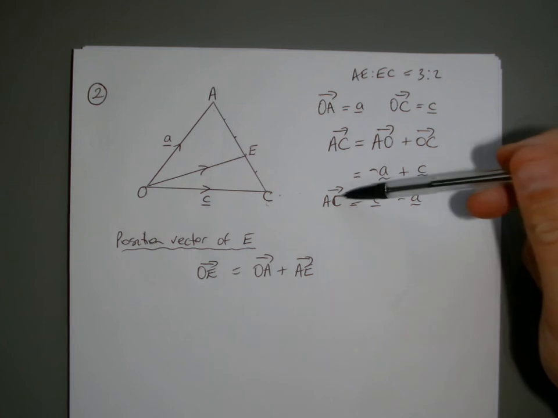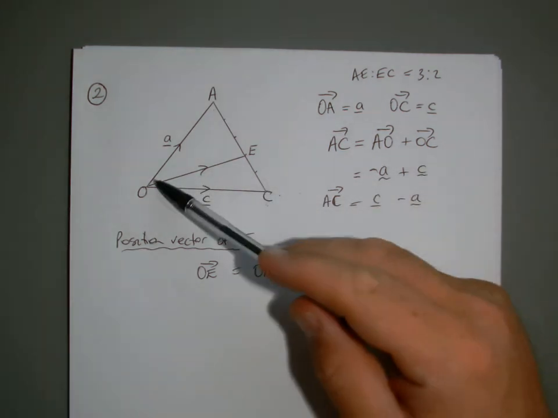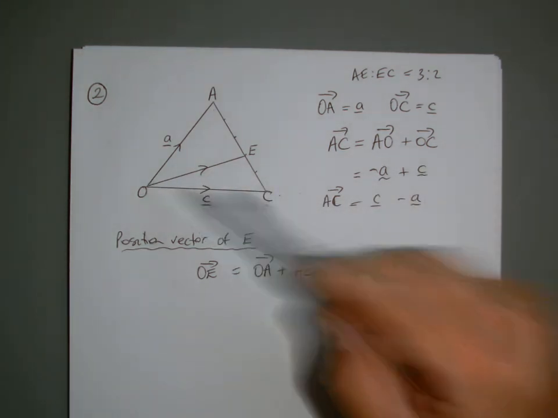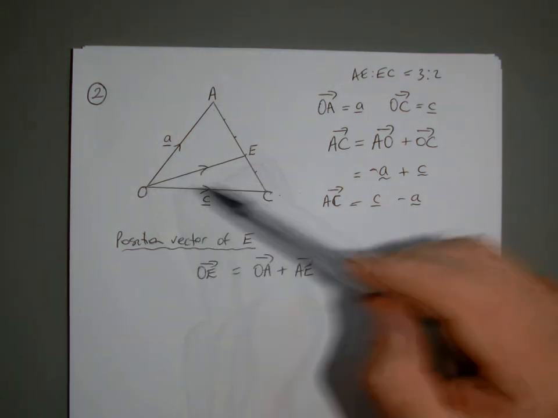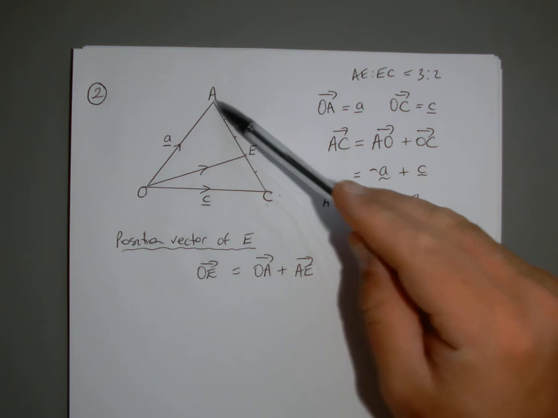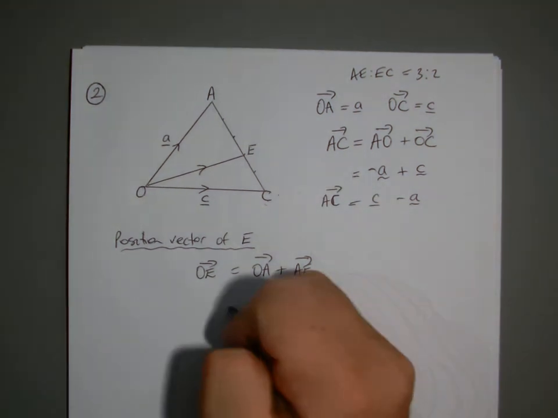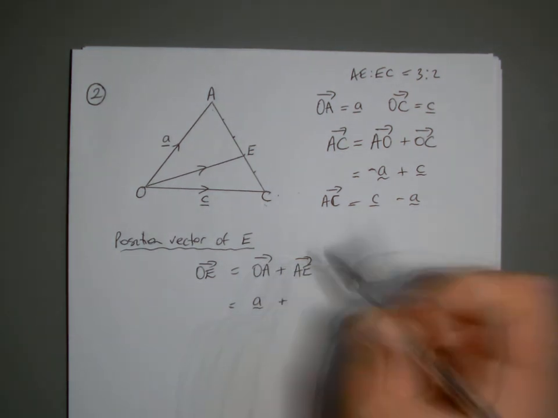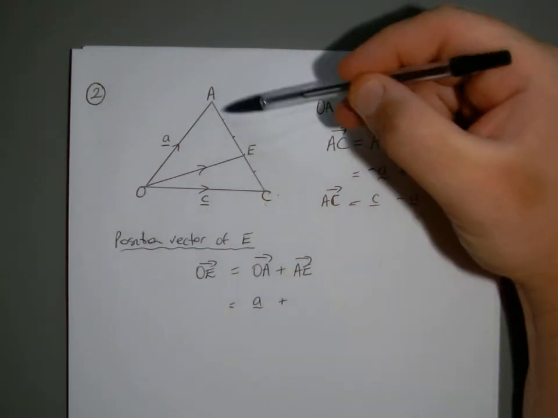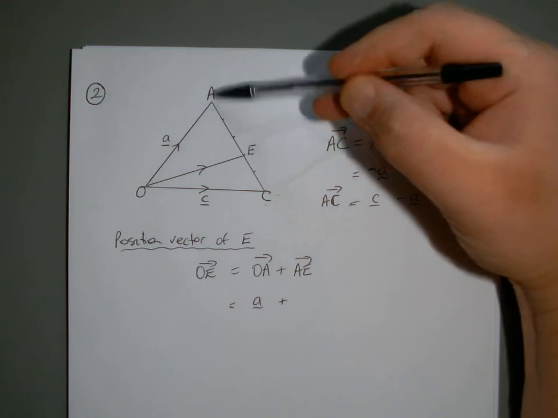But because I worked out AC, I think it's easier to do it this way, and you'll see why in a minute. So from O to E, think of it as going O to A and then A to E. Now, we know O to A is little a. If you want, you can put that in straight away. A to E, we don't know, but we do know A to C, as we saw in question 1.